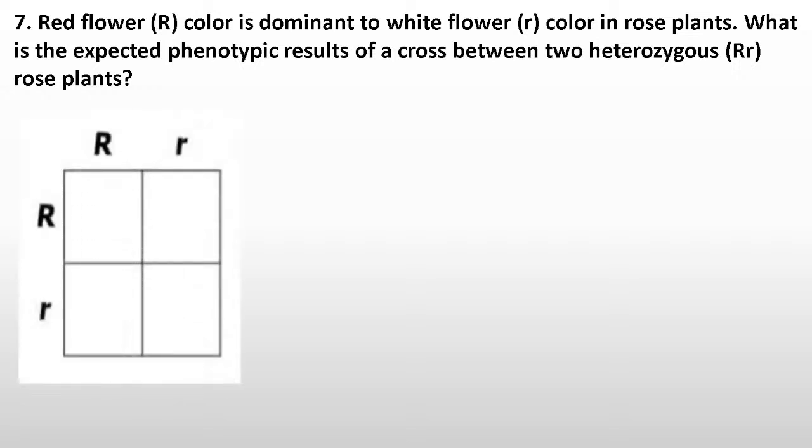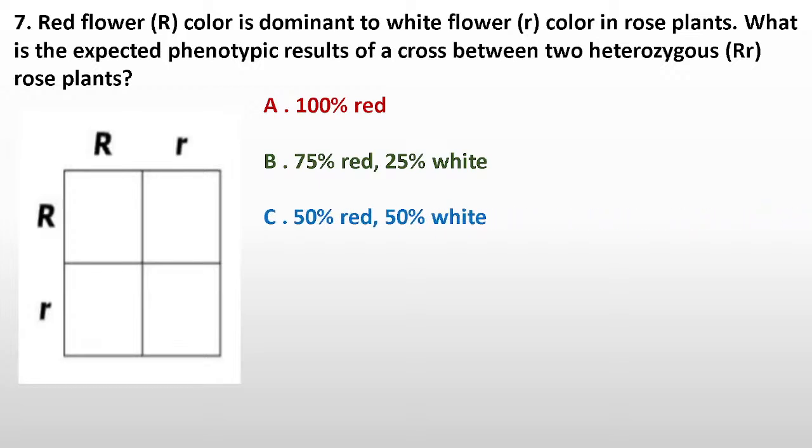Here is the Punnett checkerboard given for your faster calculation, and your options are A. 100% red, B. 75% red and 25% white, C. 50% red and 50% white, D. 75% white and 25% red.